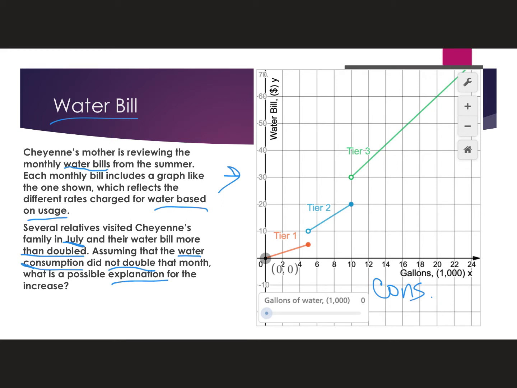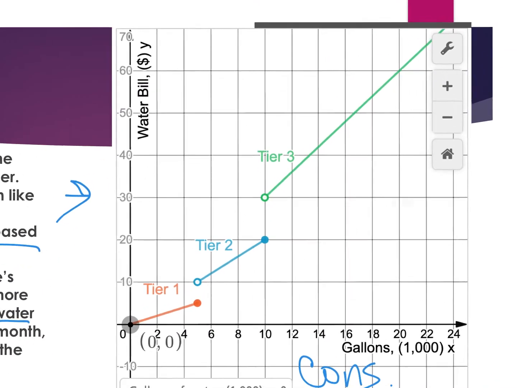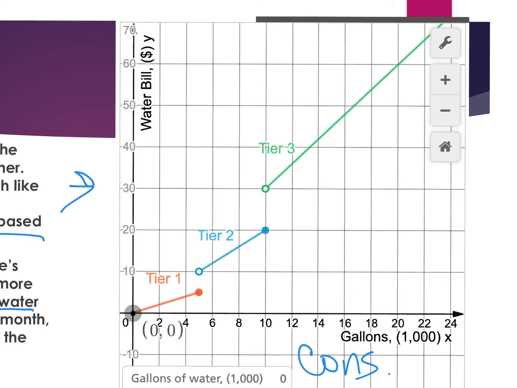So let's look at this graph. I'm going to see if I can zoom in a little bit on this graph for you. So you'll notice when your water consumption, which is in thousands of gallons, is less than 5,000 gallons, then I'm on this first tier right here.